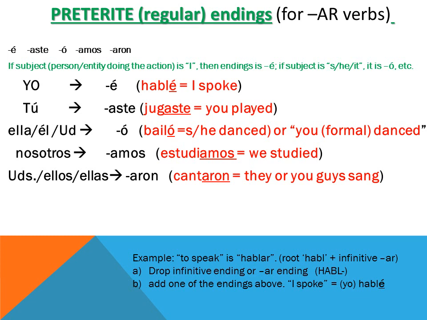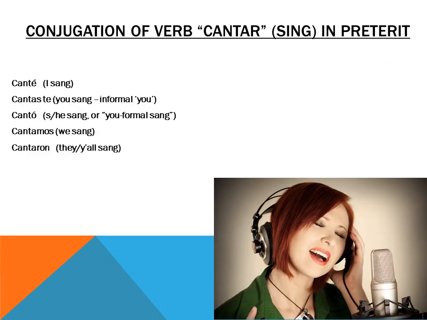Tú jugaste, you played. She danced, bailó. We studied, estudiamos. And they sang, or you guys sang, cantaron. For example, the verb cantar, again, now in the preterite conjugations, is canté, cantaste, cantó, cantamos, cantaron.